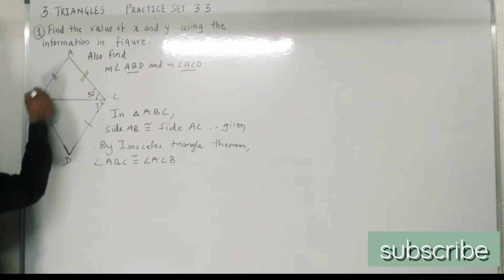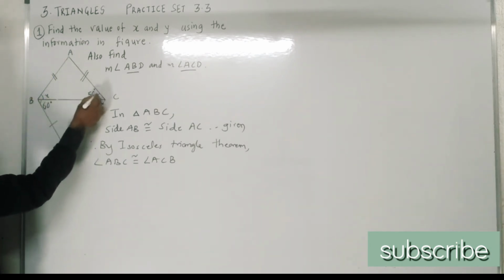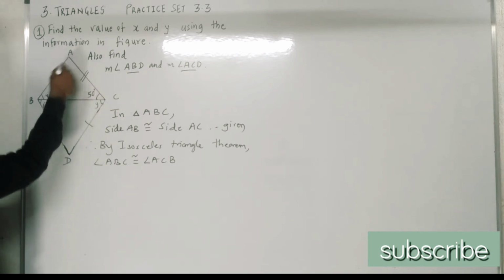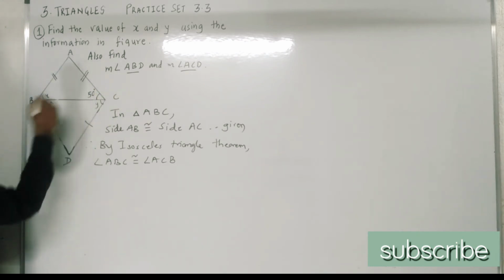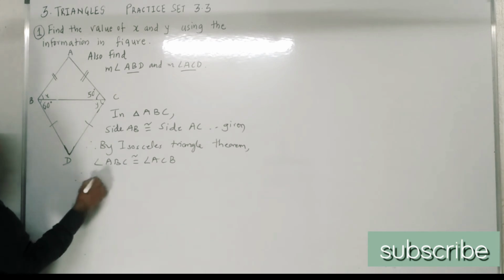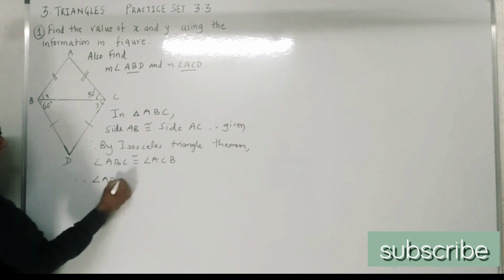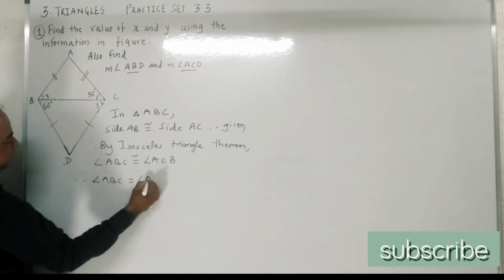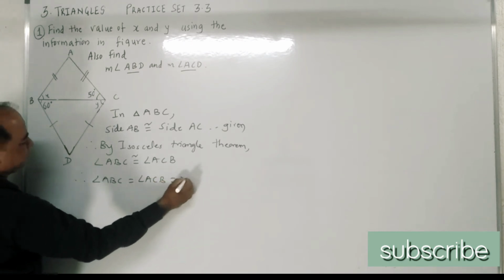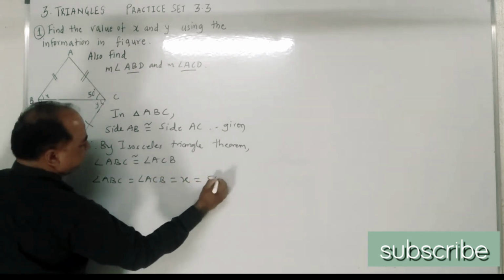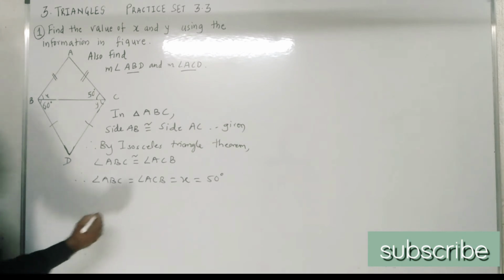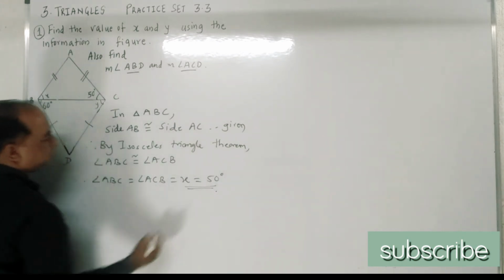Now angle ABC is x and angle ACB is 50. Therefore, angle ABC is equal to angle ACB is equal to x, which is equal to 50 degrees. So x is equal to 50 degrees.